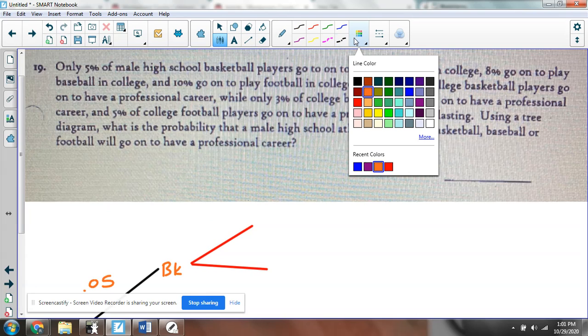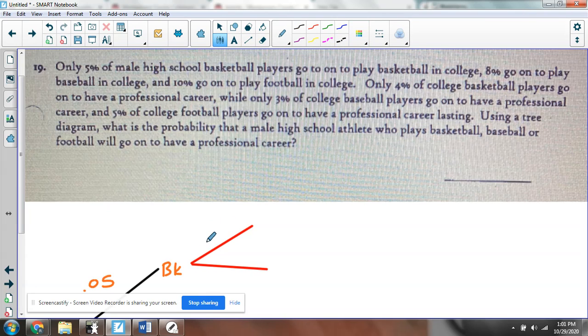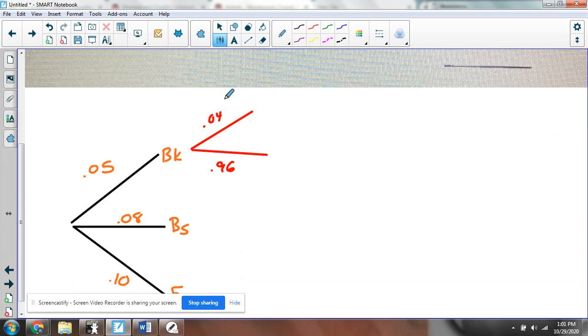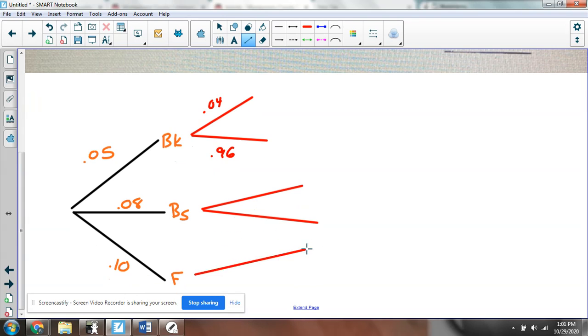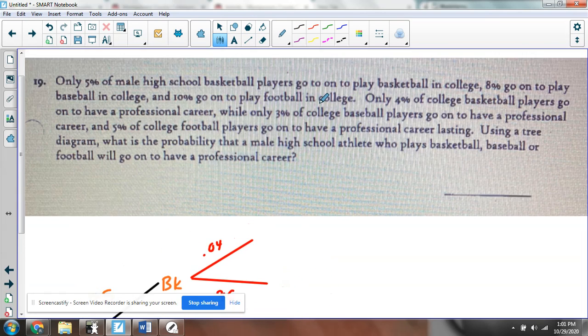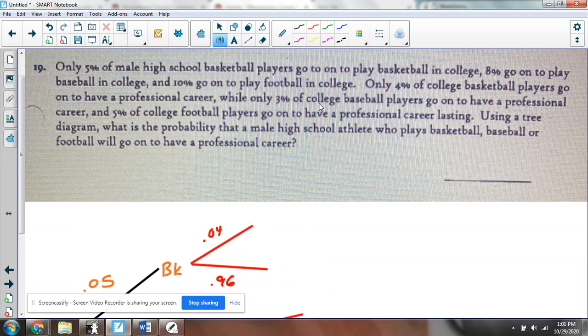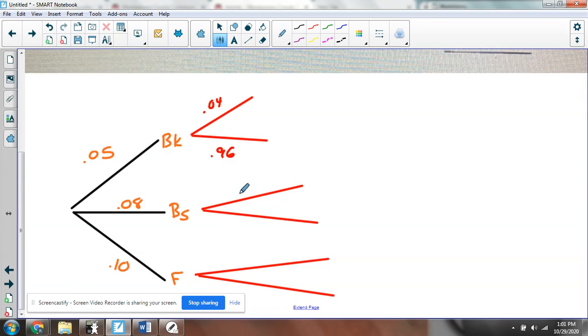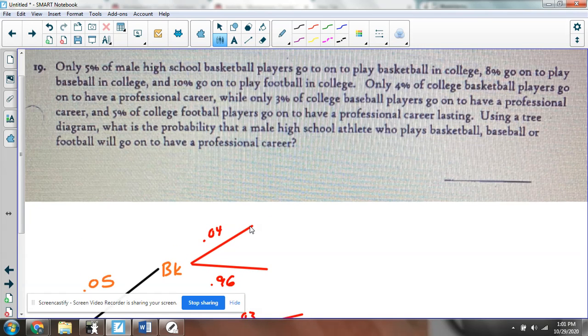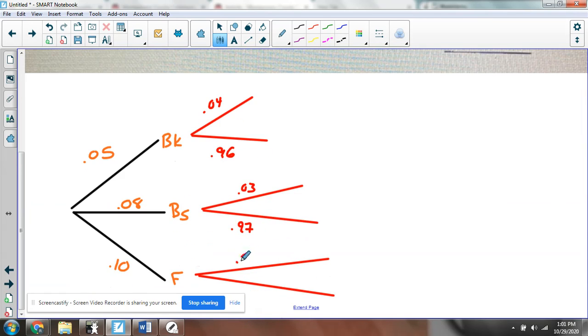Should know my lines first. 4% become professionals, which means 96 do not. Do all these lines. 3% of college baseball players, so this is going to be 0.03 and 0.97, and 5%, 0.05, and 0.95.